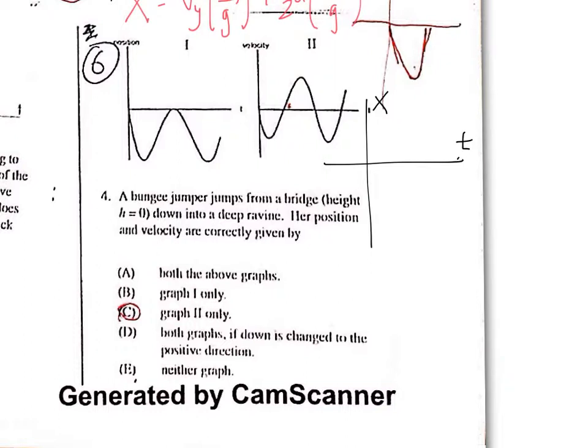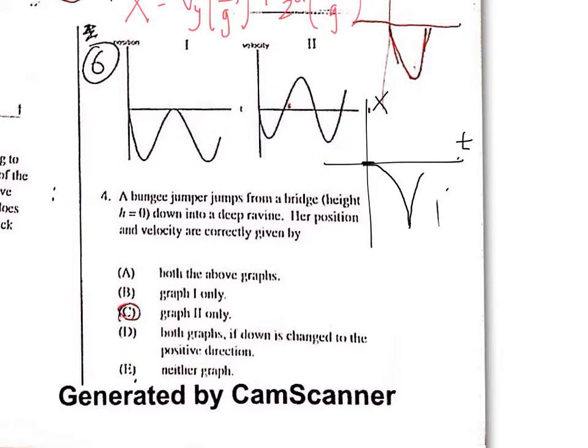So let's say we're saying that the height of 0 is right on the bridge. As she falls, it would look like this. And then if the bungee were really taut, and she'd probably get injured doing this, she'd immediately boing up like this, and it would look something like that, like a bouncing ball, okay? But the bungee is probably not that taut because hopefully she doesn't get injured.